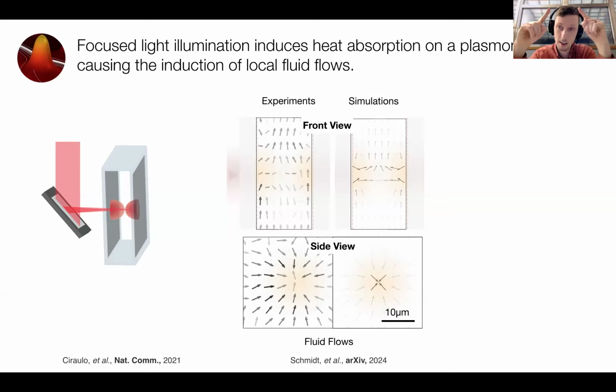Then it goes along that gradient up. And of course, since mass is conserved, and eventually the flow has to come back, you get these recurrent flows from both sides, of course. And if you look at it basically from the side here, so that would be basically in the direction of the laser, you see that really these things are going towards the center. And so this we can now use to drive fluid flows and create barriers.